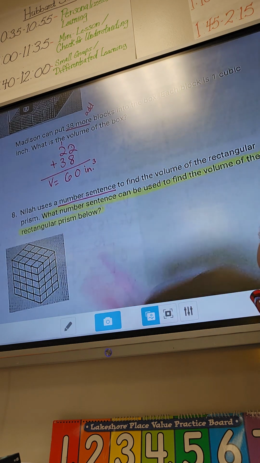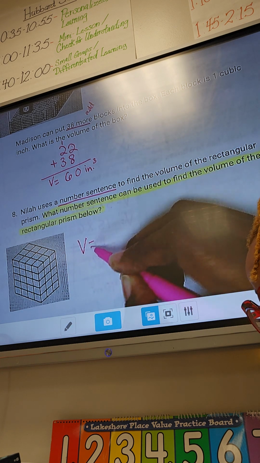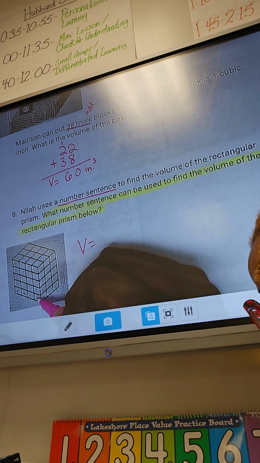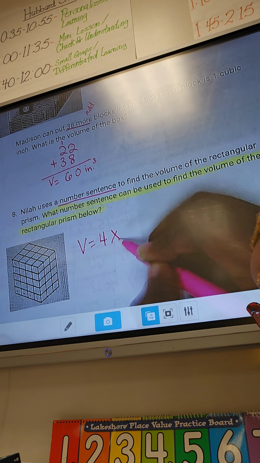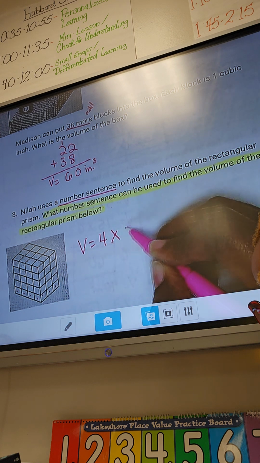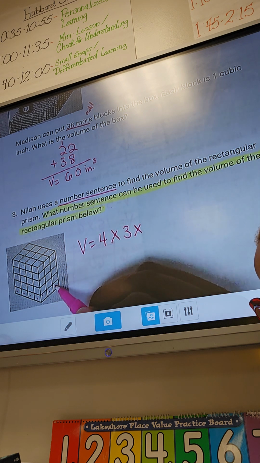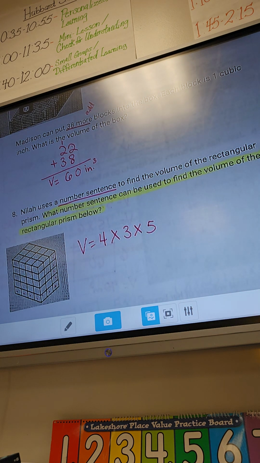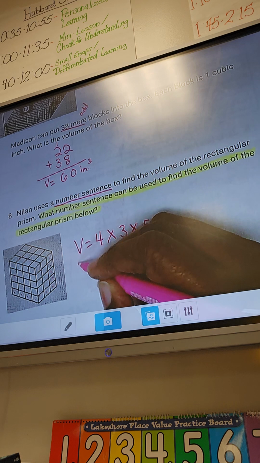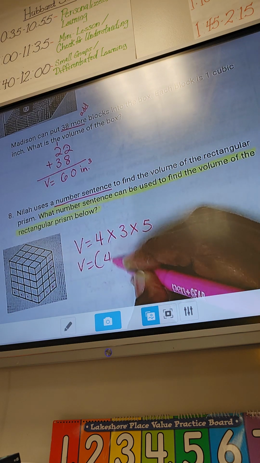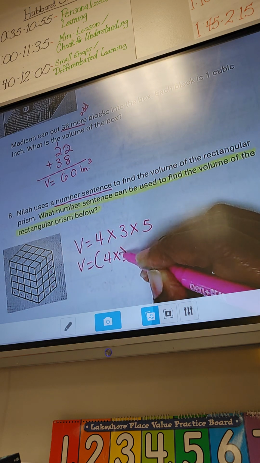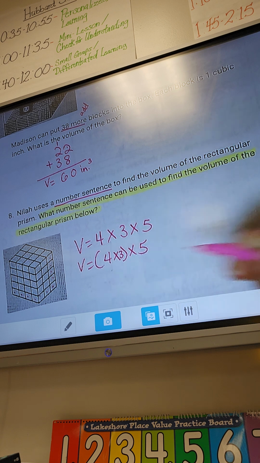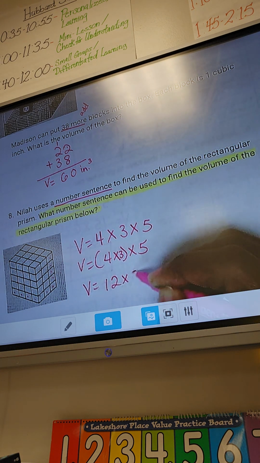So for this one, volume equals 4 times 3 times 5. Okay? So this one as well is one of those that you could say that volume equals parenthesis 4 times 3 parenthesis times 5. You could say volume equals 12 times 5.